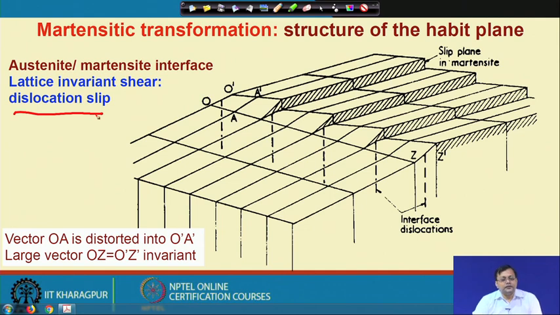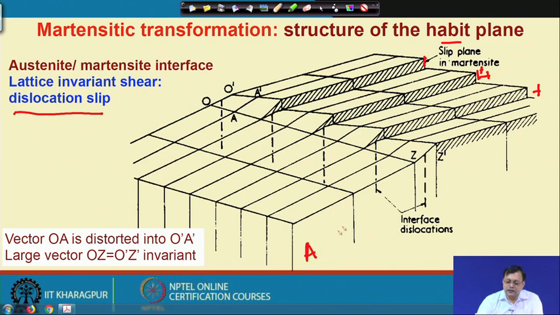If a dislocation passes through a plane, then it will for sure release the strain at the surface, so there will be a zigzag surface. Here is the dislocation which releases at the surface. These are the slip planes of the martensite, and the dislocation has passed, so it shows such kind of steps.